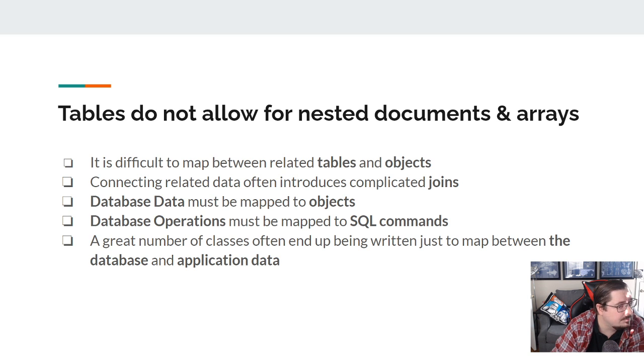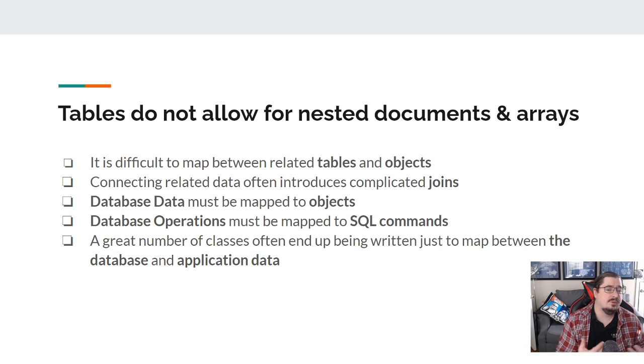A third problem that occurs with relational databases is that they don't allow for nested documents and arrays, and that's because of that requirement that every row needs to have the same length. So we can't nest things like documents and arrays typically.